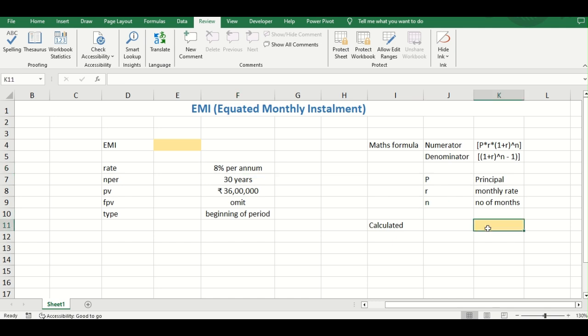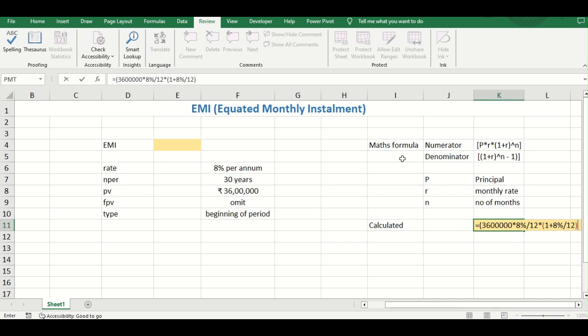So if we calculate the EMI in this case, if we start the formula, it is equal to, first is the principal, so it will be 36 lakh multiplied by the rate of interest, which is monthly, so 8% is annually, so it will be 8% divided by 12 multiplied by 1 plus 8% divided by 12, the whole raised to.